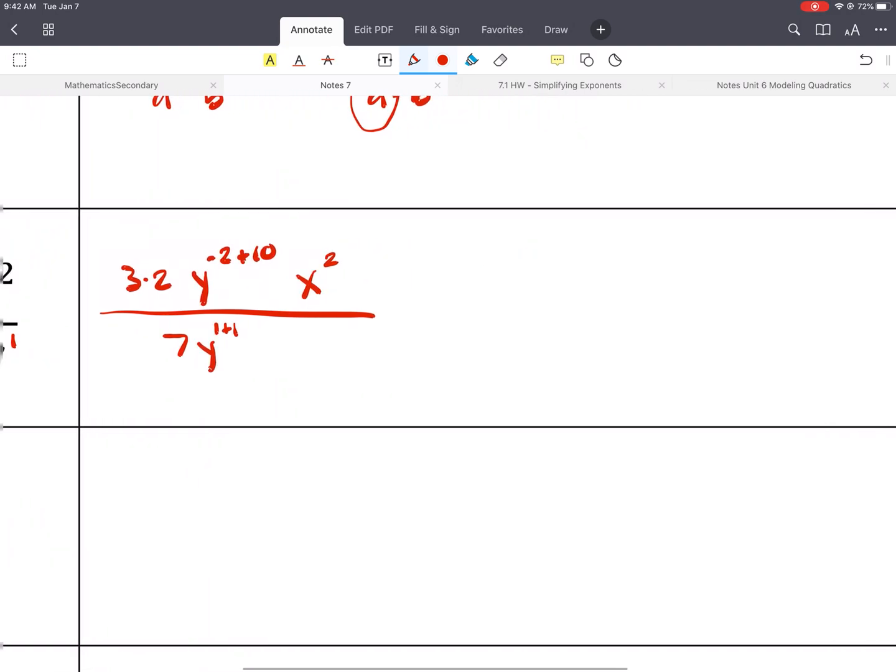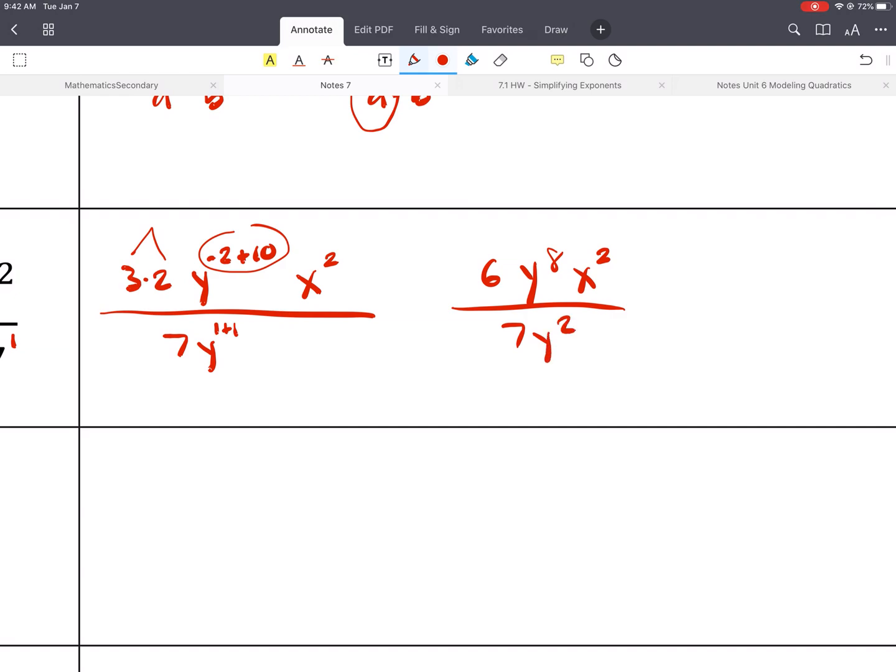So then we just combine everything we can. So 2 times 3 is 6, y, negative 2 plus 10 gives us y to the 8th, x squared, all over 7y squared.